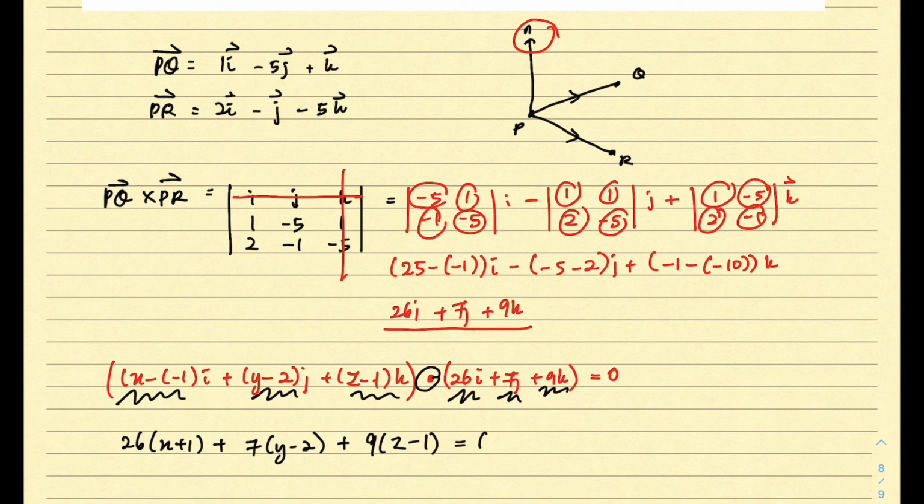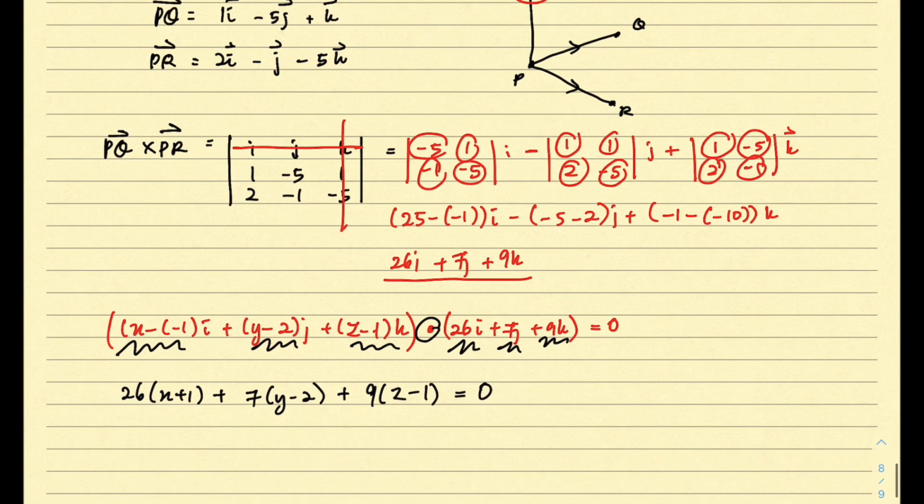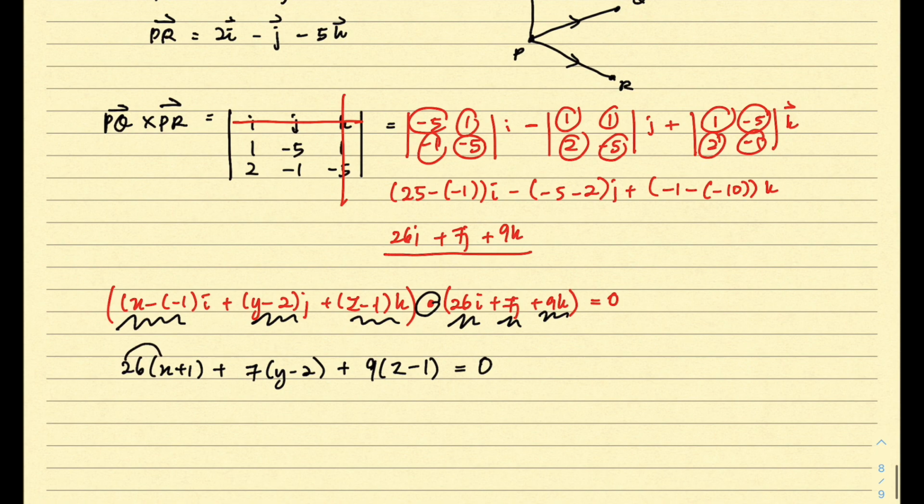It will be equal to 0. Now we need to expand. 26 times x is 26x, 26 times 1 is 26, plus 7 times y is 7y, 7 times negative 2 is negative 14, plus 9 times z is 9z, minus 9 times 1 is negative 9, equal to 0.